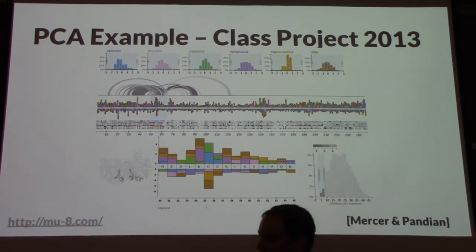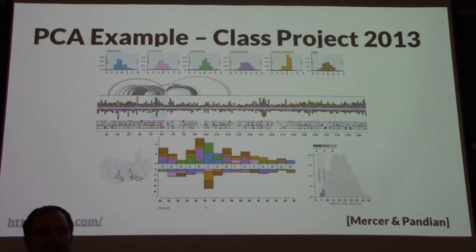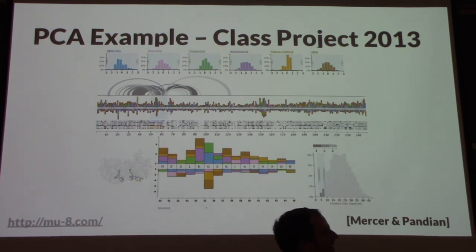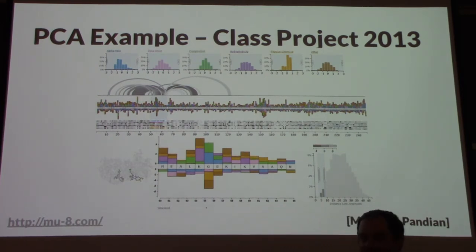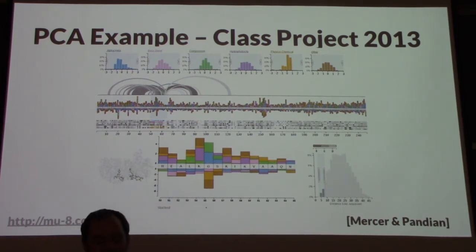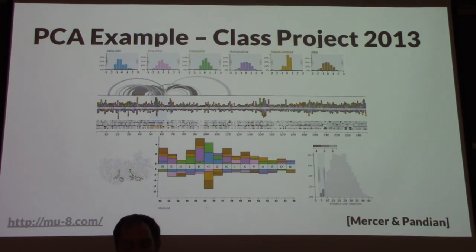Amino acids have certain properties, like being hydrophobic or soluble, and those are captured in amino acid indices. They had a really high dimensional data set, did principal component analysis, and then plotted those principal components for each amino acid along the sequence.